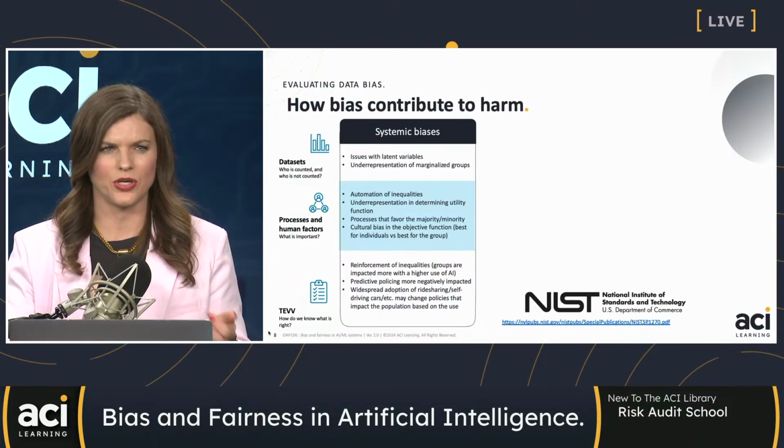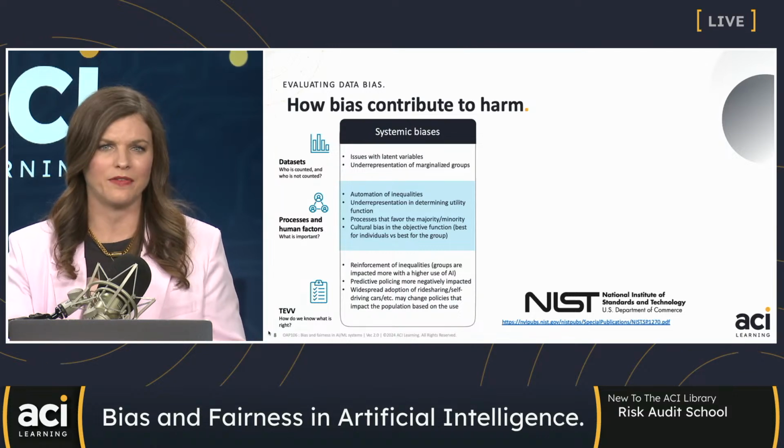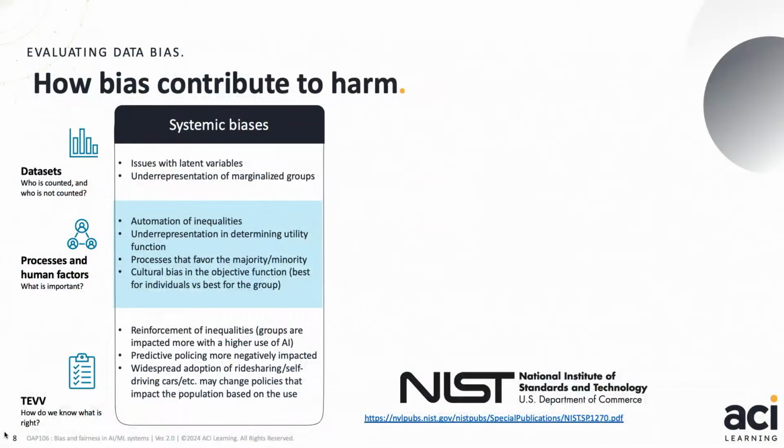To show you how this is broken down, the first one we have here is systemic biases. On the left-hand side you have the data sets: who is counted and who is not counted, for example, and issues with latent variables. Next would be your processes and the human factor, so we're talking about automation of inequalities. Keep in mind, this is their framework, but you can customize it to fit your needs.